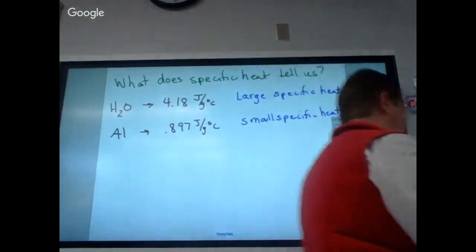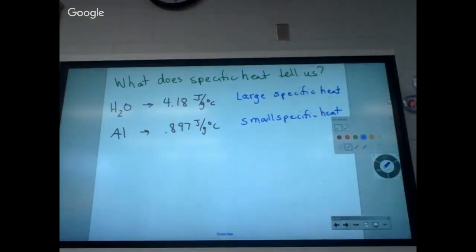Okay? So water is a large one, aluminum foil is a small one. So what's the difference between the two? How is one different from the other? One takes longer to heat. I liked what Nakaya had to say. Say that again, Nakaya. One takes longer to heat.